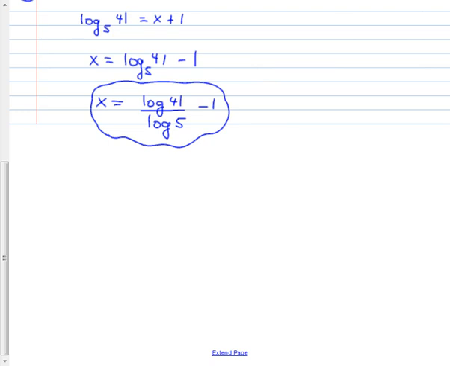62 is the next one. Directions say solve each equation for x, give exact answers, do not use a calculator. So natural log of 3x plus natural log of 2 equals 1.